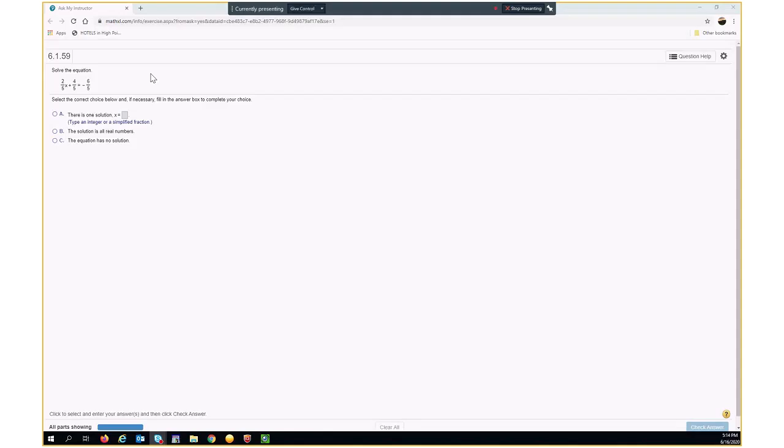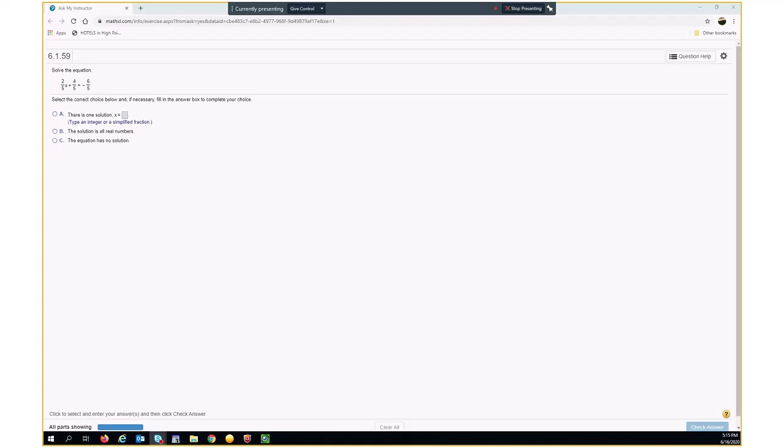And so it says 2/5 x plus 4/5 equals negative 6/5. And it's saying to select the choice below, solve the equation.